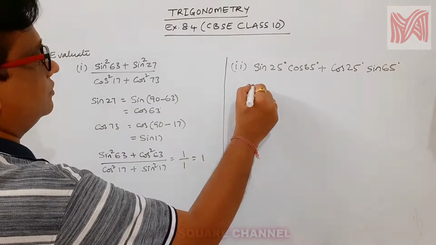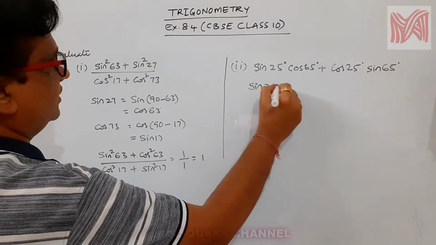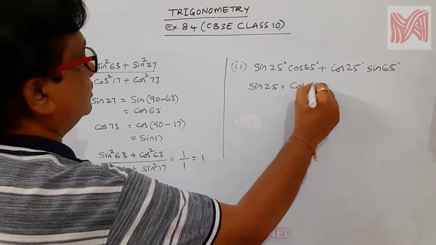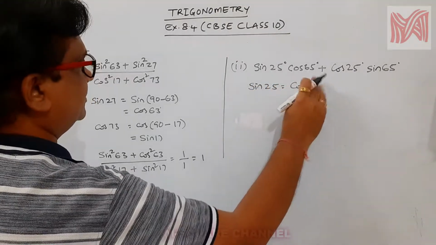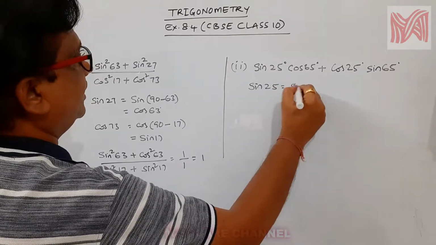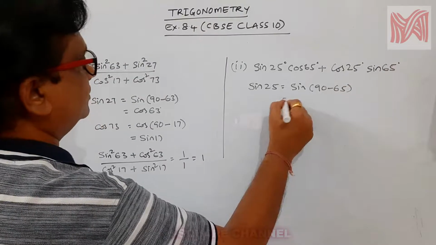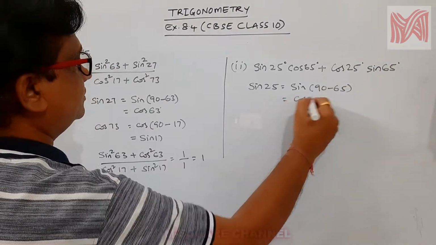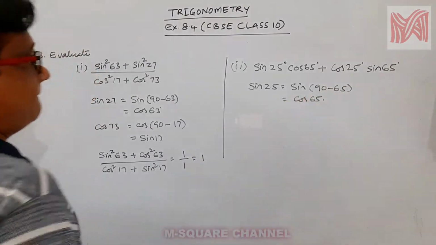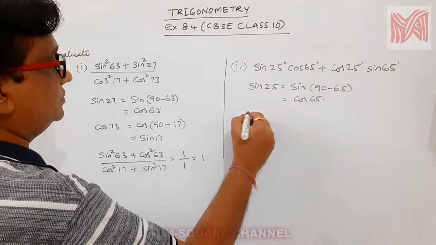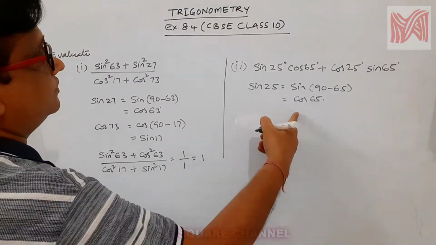Same as here also, sin 25 into cos 65. You can write otherwise sin 90 minus 65. So sin 90 minus 65 is cos 65. Now sin 25 is changed.